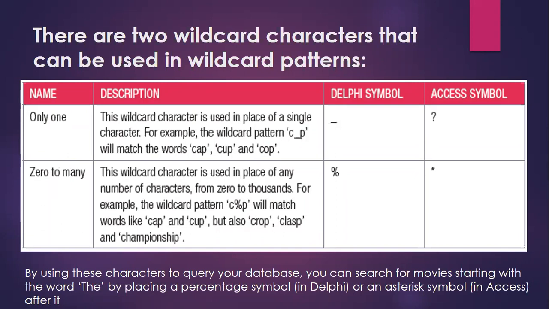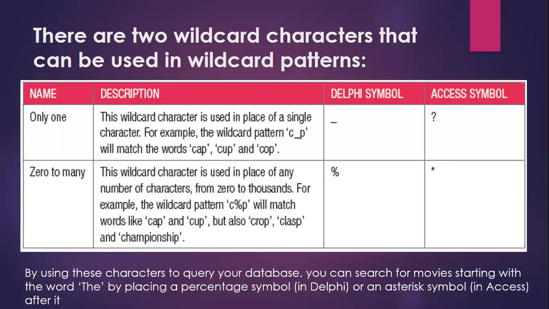For example, a wildcard pattern C%P will match words like cap, cup, but also crop, clasp, championship. So anything that starts with a C and ends with a P, it's going to find all those words in your records. Okay, so the Delphi symbol here is my percentage sign, but when I write it in Access, I'm going to use a star.